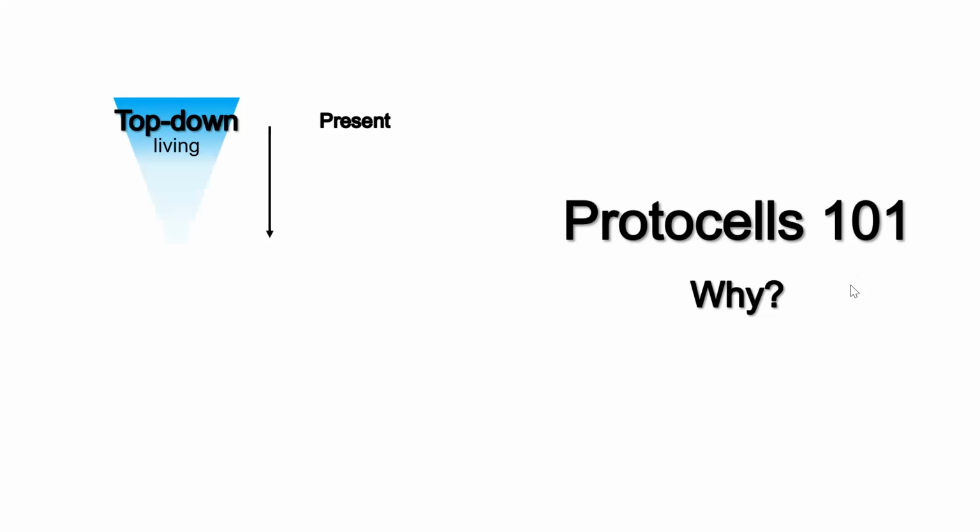When we try to understand how life started on our planet, the first approach that is normally followed by some researchers, especially in the biology field, is the so-called top-down approach, which basically means that we look at modern biology and try to go backwards from there, trying to understand what is needed for life to exist.